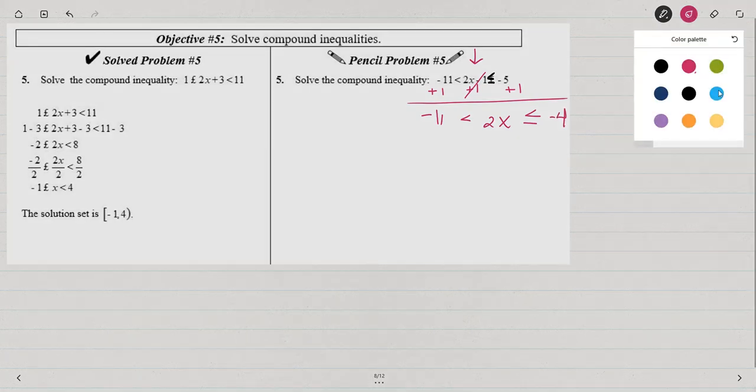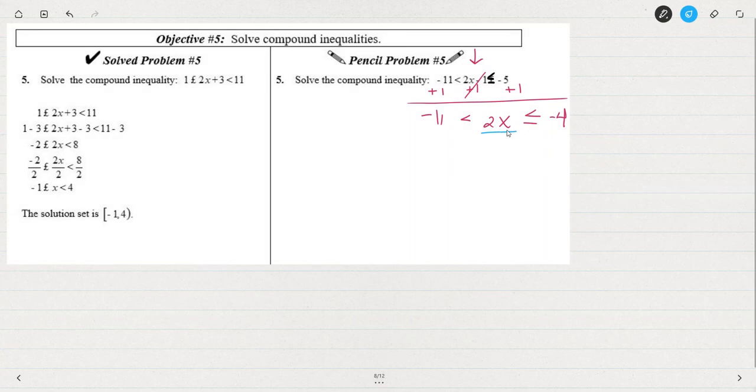And now I'm going to divide all three pieces by 2. Because I'm dividing by a positive value, I don't have to flip it around.